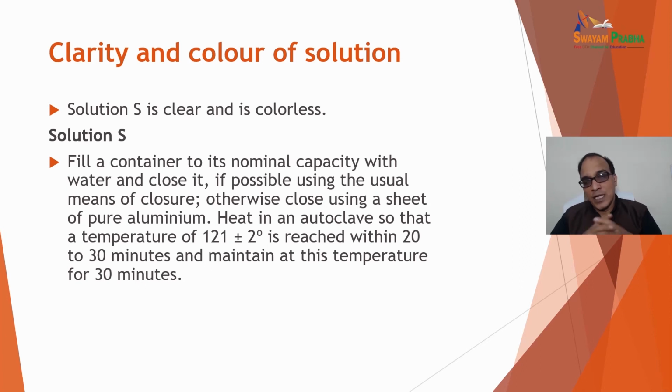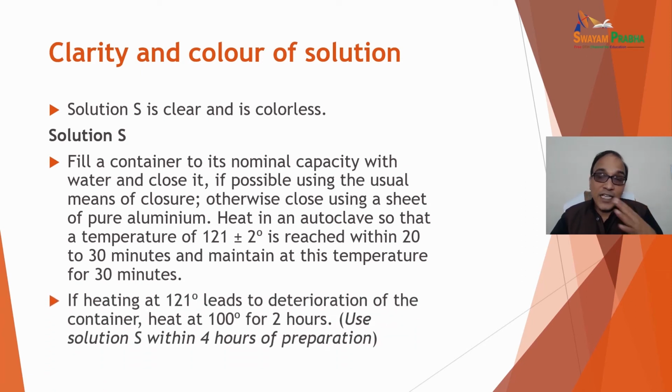Heat in an autoclave so that the temperature of 121 degrees Celsius can be reached within 20-30 minutes and maintain at this temperature for at least half an hour. If heating at 121 degrees Celsius leads to deterioration of the container, heat at 100 degrees for 2 hours. Use solution S within 4 hours of preparation.